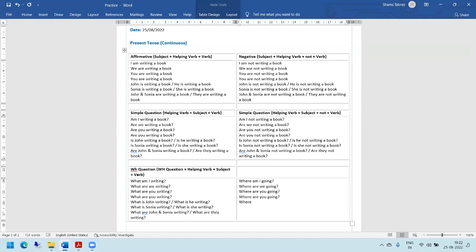What is John going? No, where is John going, right? Where is John going? Or in another way, we can say, where is he going? Next.